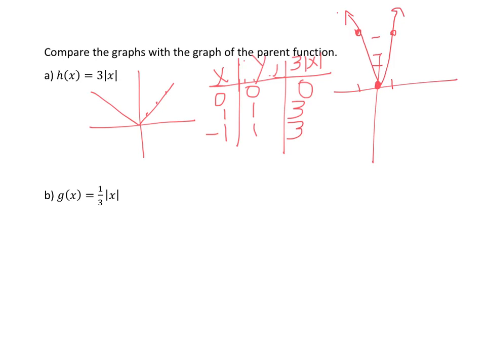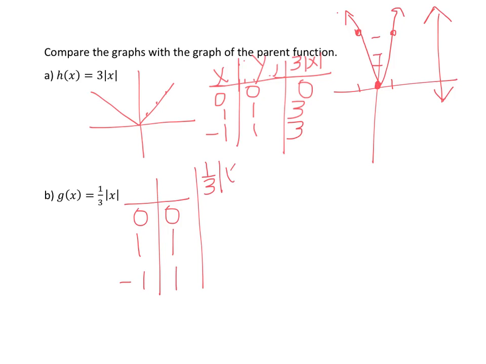Okay, I multiplied on the outside, which means a vertical change. And what happens is I stretched it vertically. So if I turn this into 1/3 absolute value x, I've got my same original points, 0, 0, 1, 1, negative 1, 1. My change, my 1/3 absolute value x.